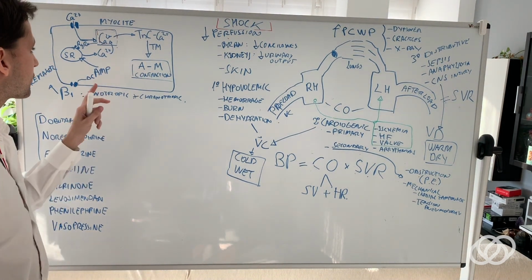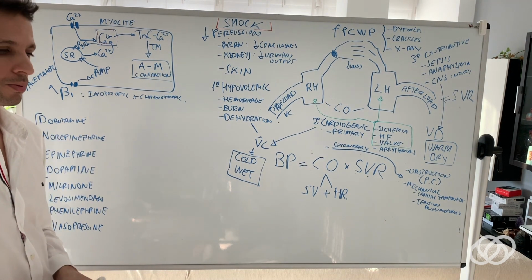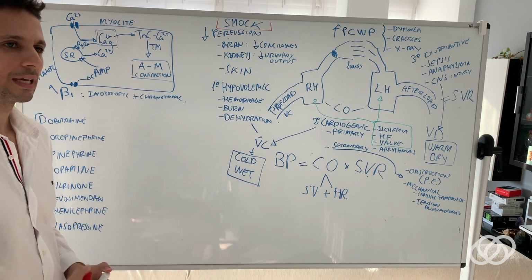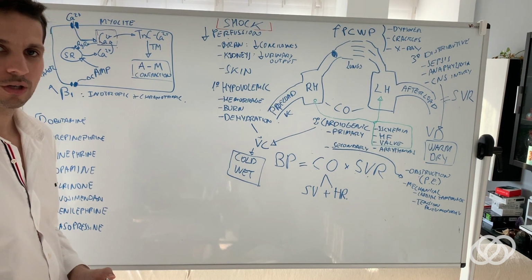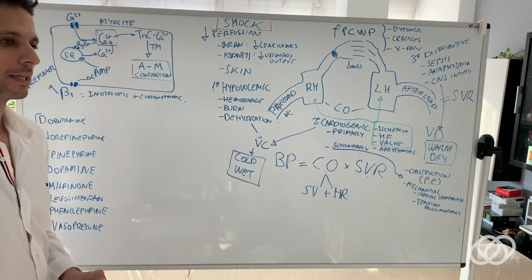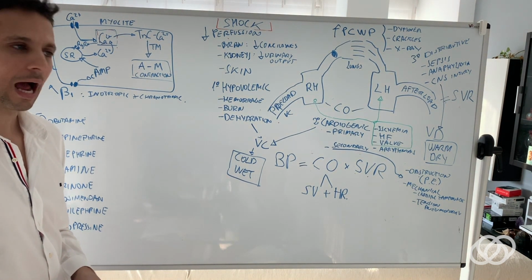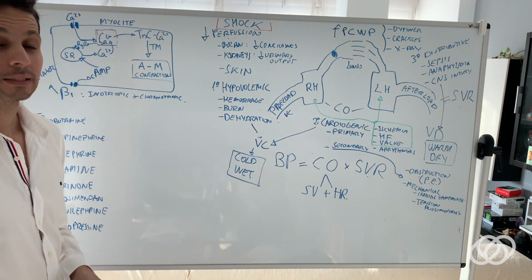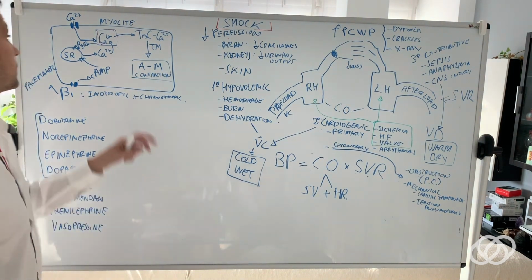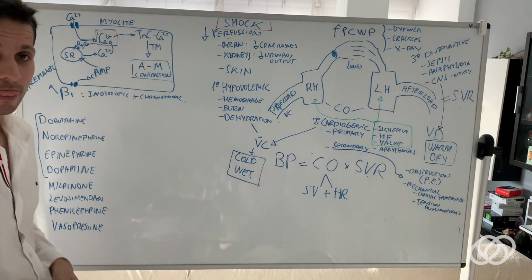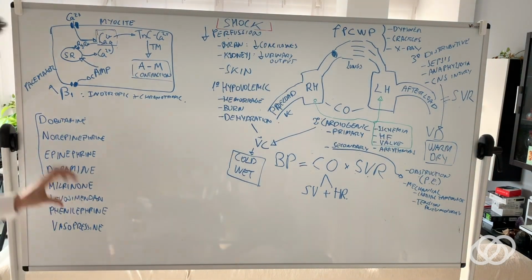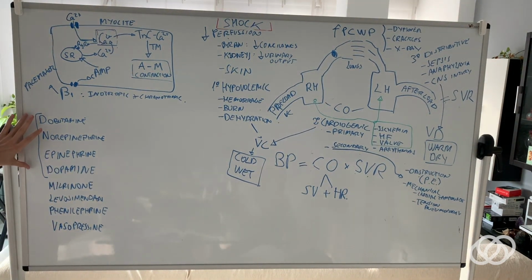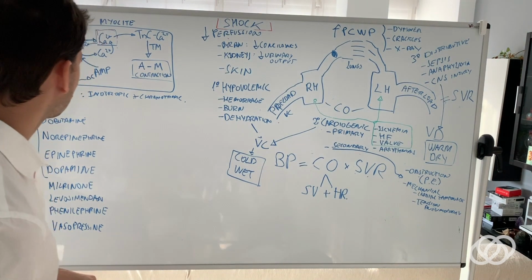Because this increase of calcium is produced not only early afterdepolarizations, also delayed afterdepolarizations, and also abnormal automatism. So this increase of calcium produces arrhythmias, and all the drugs that we are going to see that act by this beta-1 can lead to arrhythmia production.